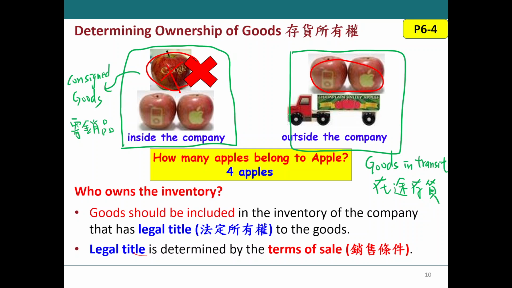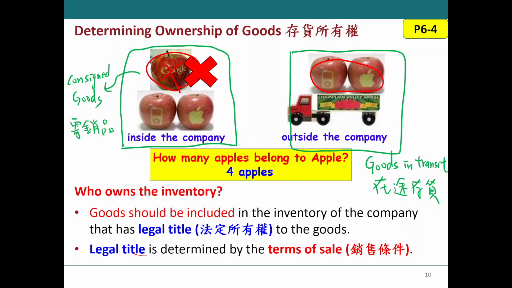Legal title means who has the ownership, who owns the inventories. Okay, any questions? So let's look at the first one, goods in transit, 在途存货.